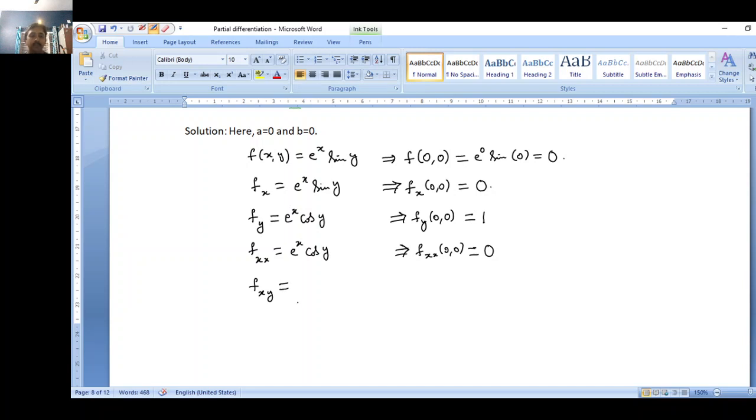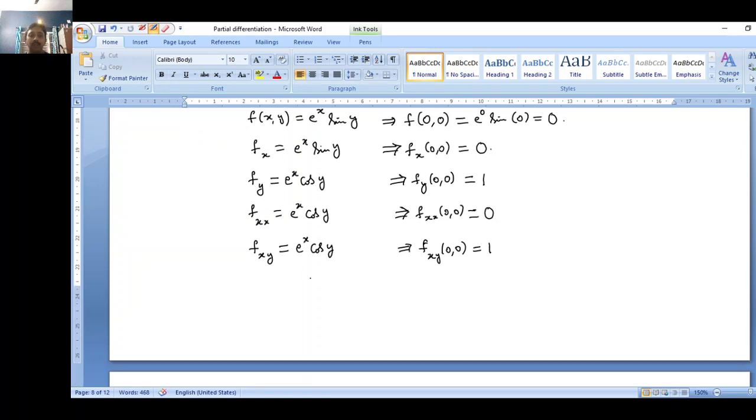What is fxy? fxy, differentiate fx with respect to y, and that will give you e power x cos y. So accordingly, fxy of 0 comma 0, that will give you 1 because e power 0 is 1 and cos 0 is 1. And then go for fyy. What will be fyy?